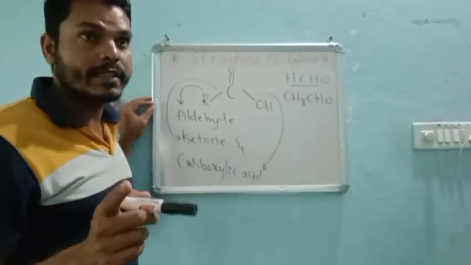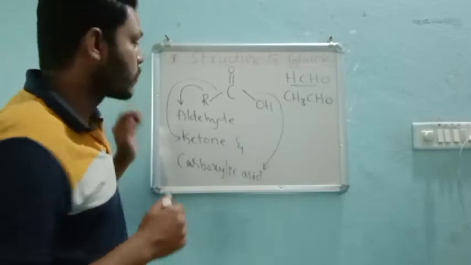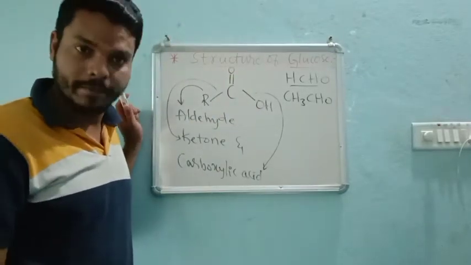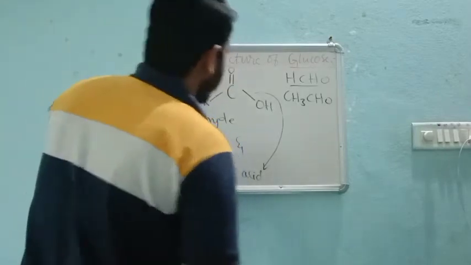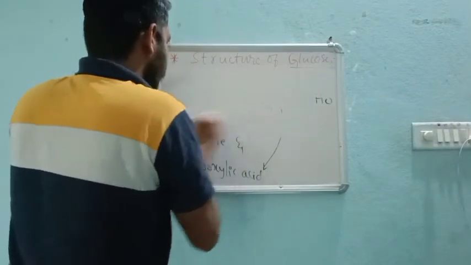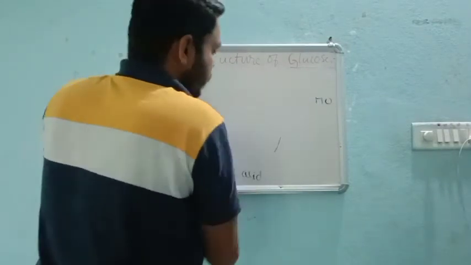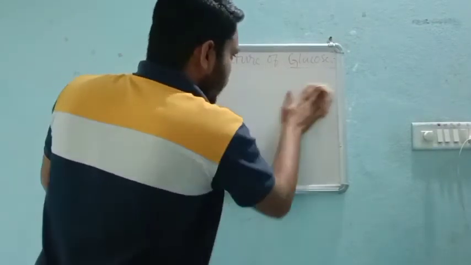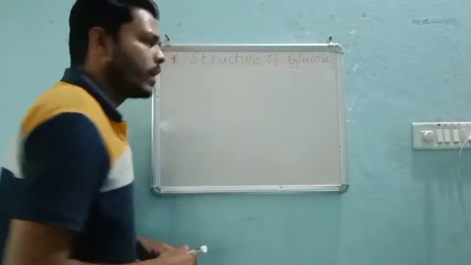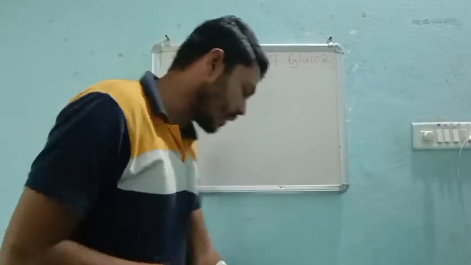That gluconic acid confirms the presence of an aldehydic carbonyl group. For this, we have a very clear, in-depth study of the carbonyl group in aldehydes and ketones. I will explain it, and this is the easiest part, I can say.